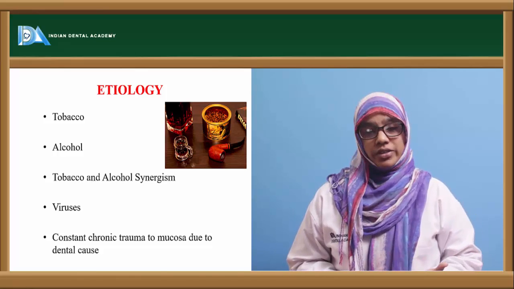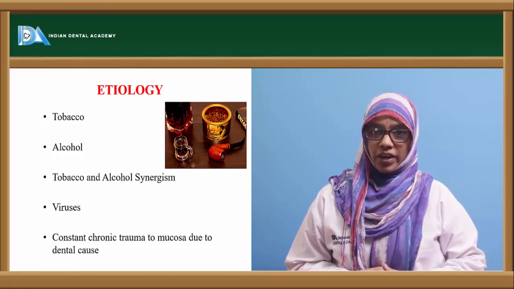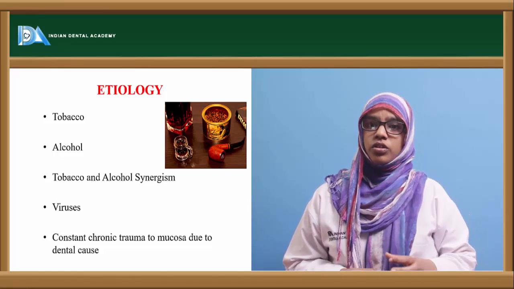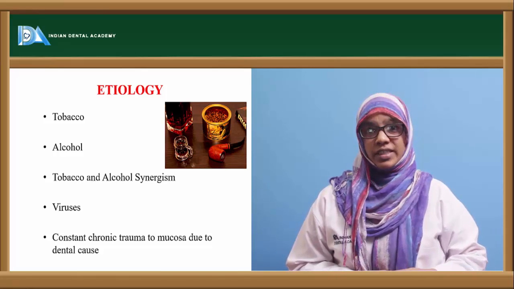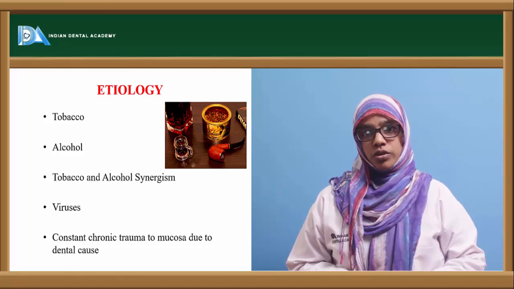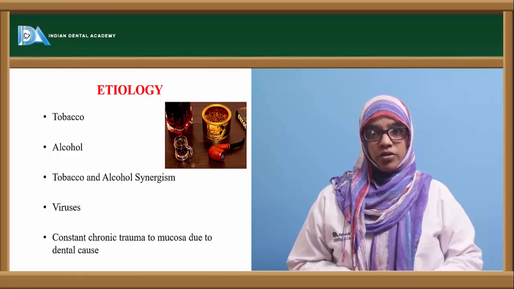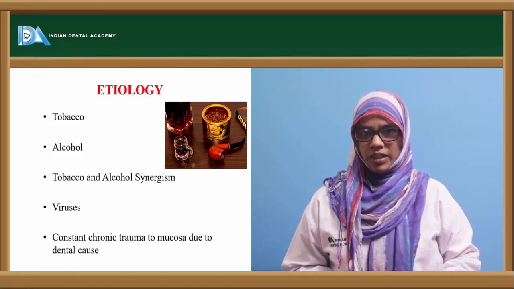Now we come to viruses. Human papilloma virus is seen to be an important etiological factor in squamous cell carcinoma, wherein the mutant, highly potent variety, human papilloma virus 16 and 18, is most commonly seen to cause oral squamous cell carcinoma. Now, in the Indian subcontinent, any mention of etiological factors without betel quid is incomplete.